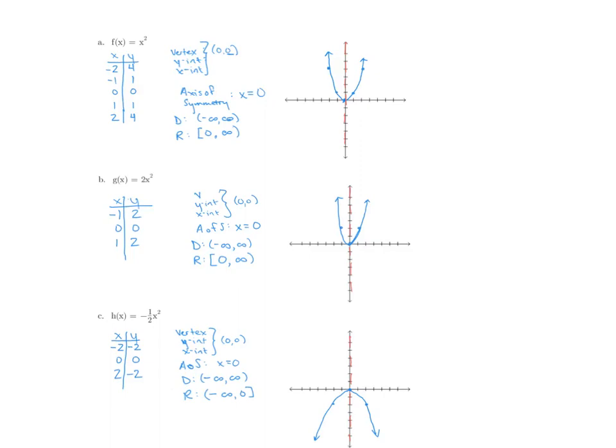If your A value is larger than 1, like a 2, you're going to have a skinny parabola. If your A value is smaller than 1, then you're going to have a fat parabola. All right, so that takes care of exploring the A value in our vertex form.